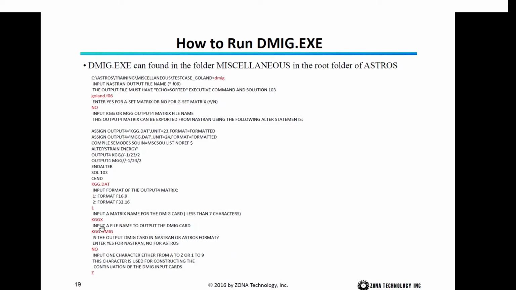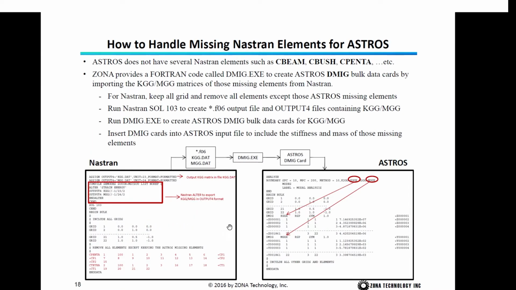Okay, so you have to run this DMIG.EXE twice. The first time you import the K2GG.dat, and I call the matrix name K2GG. The next time I call mgg.dat, and I call the matrix M2GG for the DMIG card, and then you insert those two cards into your ASTROS input file.